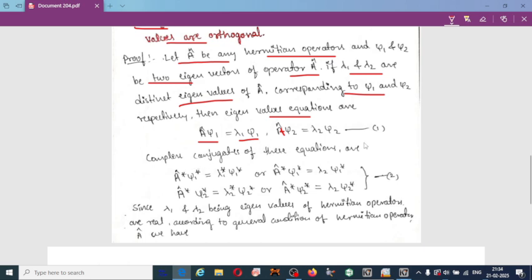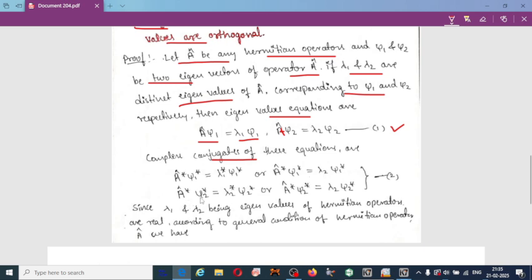Let us take it as equation 1. The complex conjugate of equation 1 we have to write, that is A cap star psi 1 star is equal to lambda 1 star psi 1 star, or else A cap star psi 1 star is equal to lambda 1 psi 1 star.